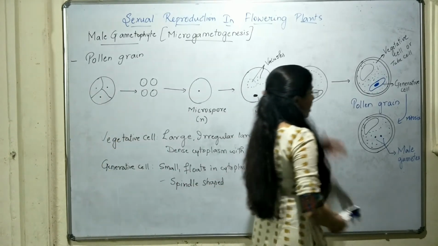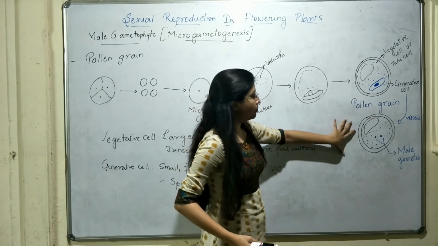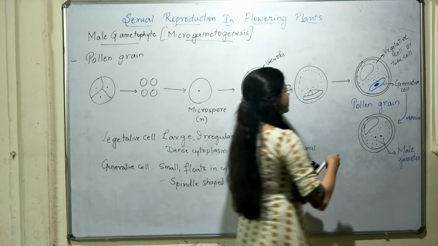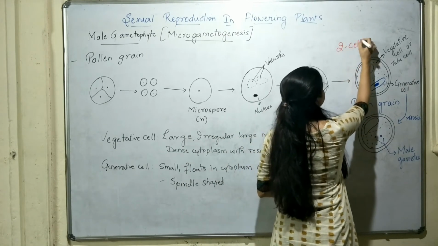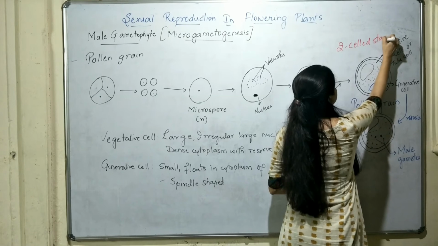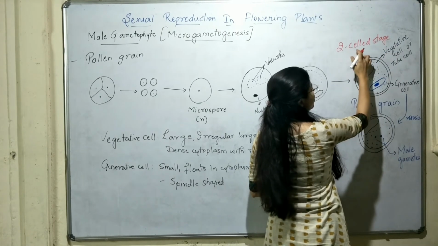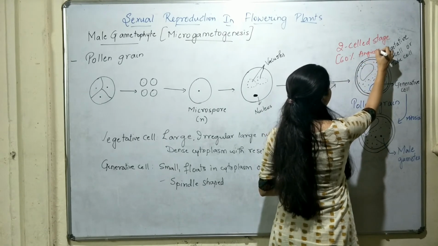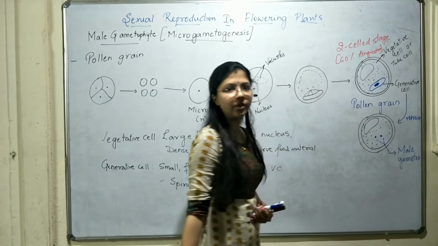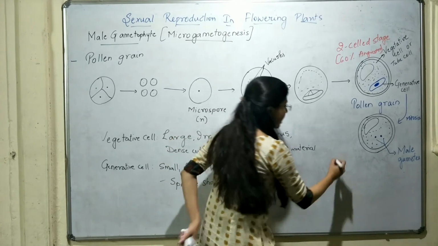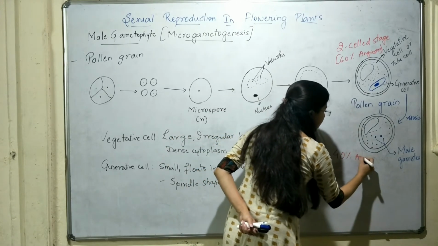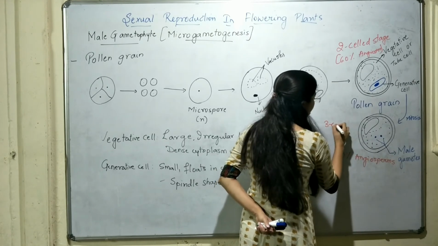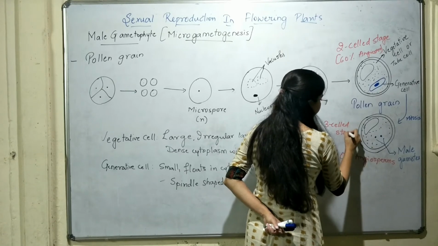We will now study the characteristics of the pollen grain or the male gametophyte. One more thing, this stage of the pollen grain is called the two-celled stage, where there are two cells present in a pollen grain. 60% of the angiospermic plants release the pollen grains at this stage, whereas in 40% of the angiosperms, the generative cell will divide to form the male gametes, and hence that stage is called the three-cell stage.